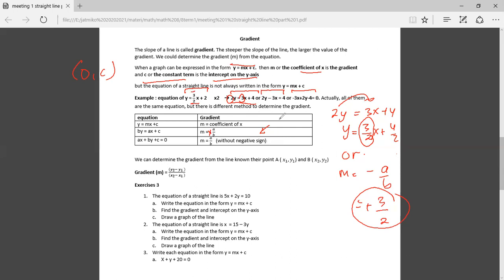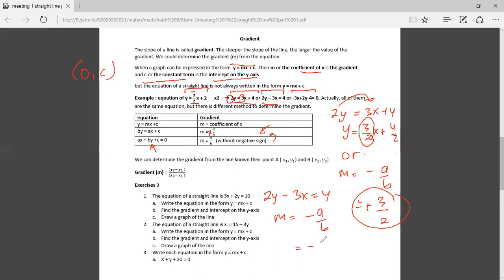And it also works for this position. Now y and x are in one position, so we can use this method, this kind of position. So the gradient for this part is negative a per b.